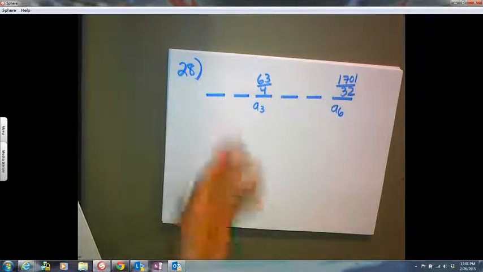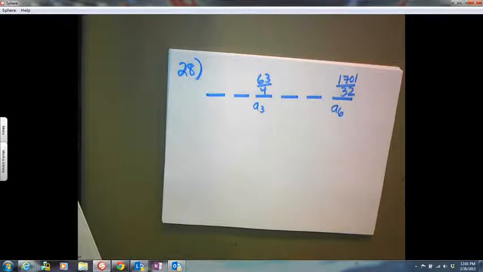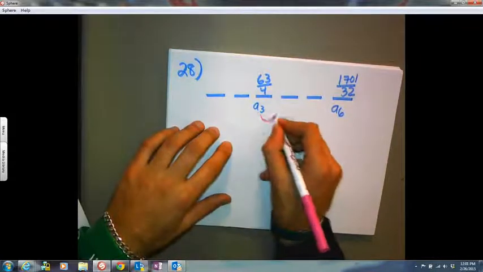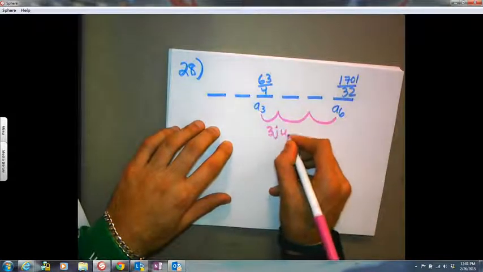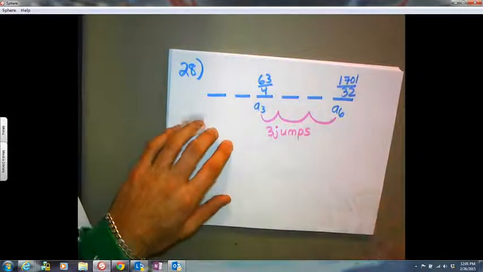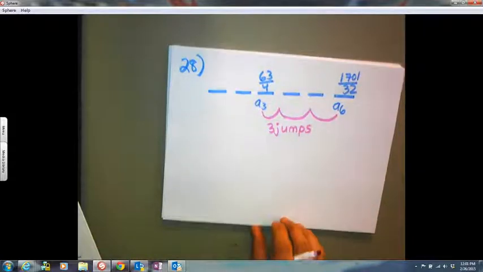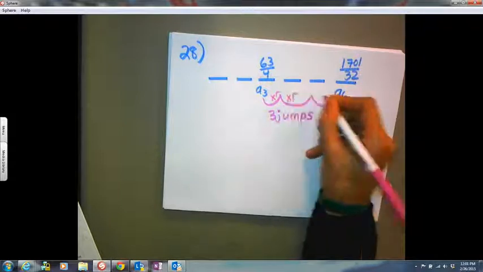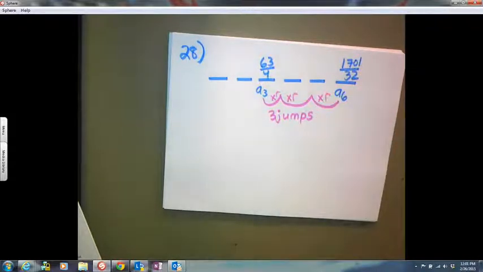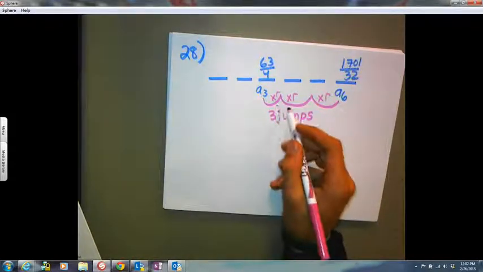So we have 3 jumps. And each jump we are multiplying by r. So if we have r times r times r, that's the same as r cubed.